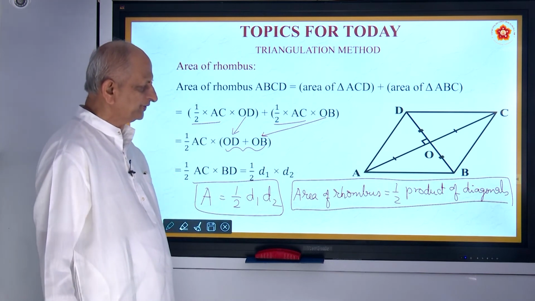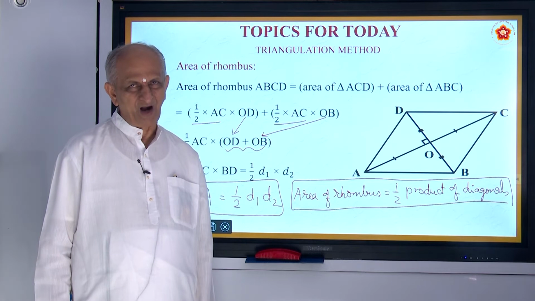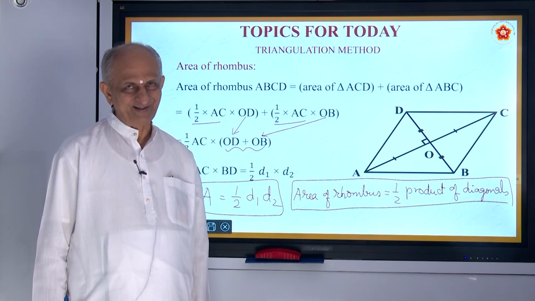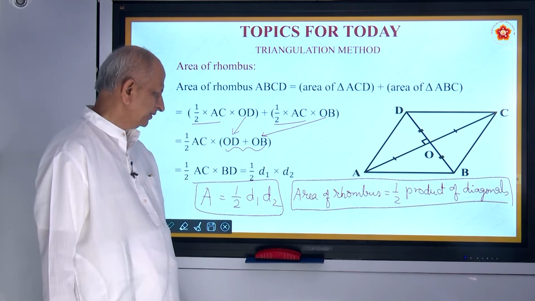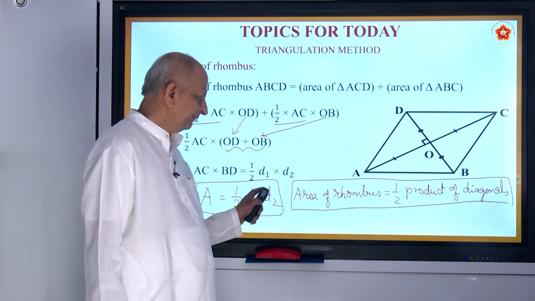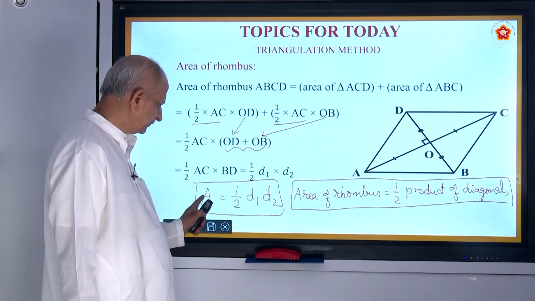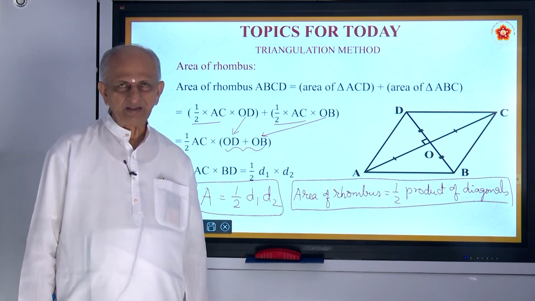Suppose one diagonal is 10, another diagonal is 20. What is the area? Half of 10 into 20. That is 100 square centimeters. Are you following? So that is the meaning. So simple, very simple. If the diagonals are given, you can find the area. Or if area and one diagonal is given, you can find the second diagonal. Correct?